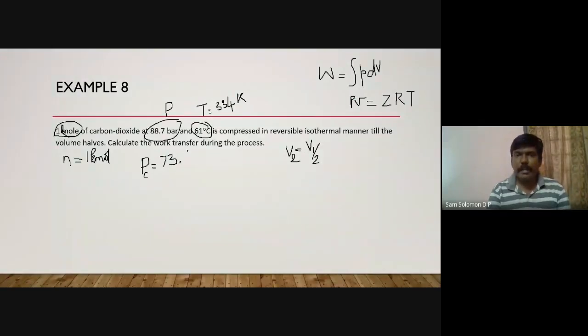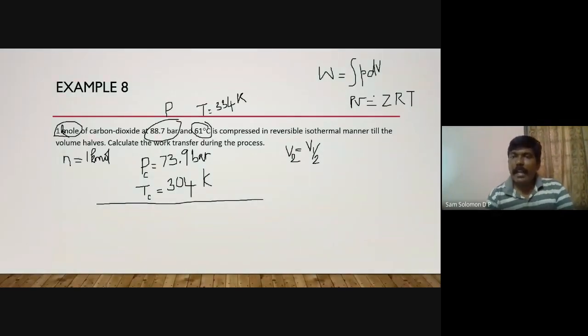I have failed to add it in the question. So 73.9 bar and TC is 304 Kelvin. Okay, these are all the given details.